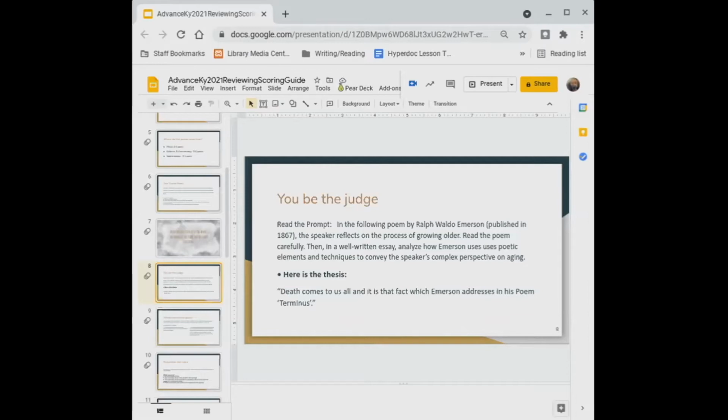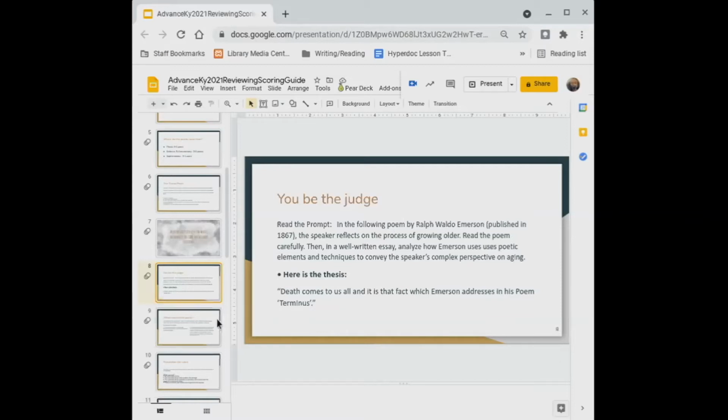So this would be a starter, but this isn't a thesis. It's a statement of fact. It's an observation about the poem. It does not explain what the speaker's complex perspective on aging is. So good job. Your teacher should be proud of you.